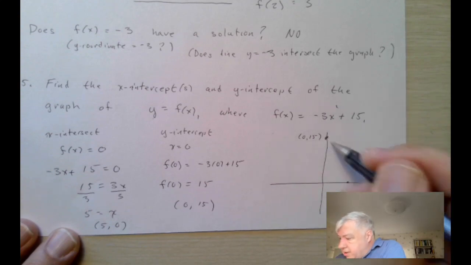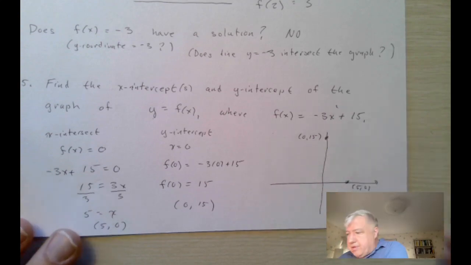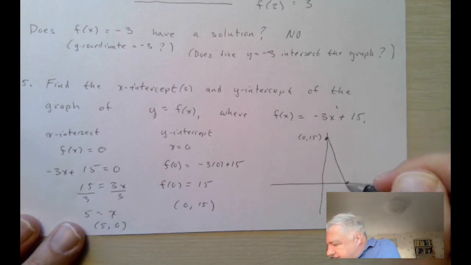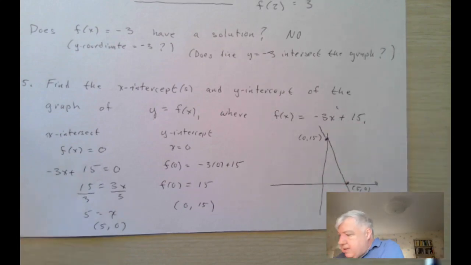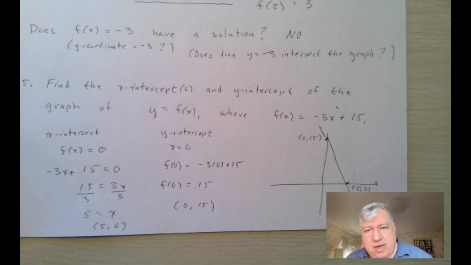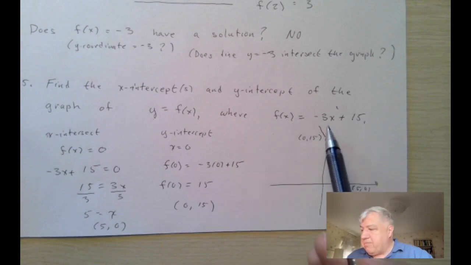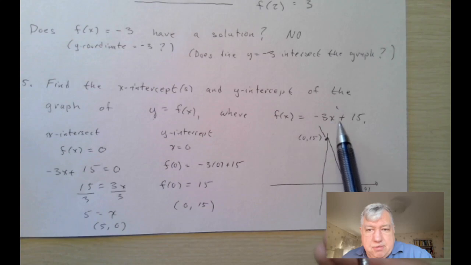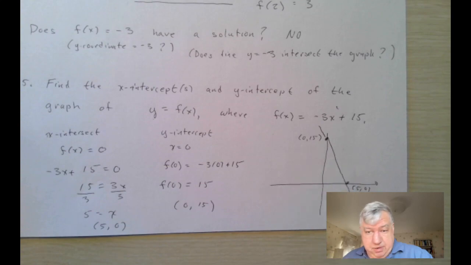We have these two points, and we can just draw the line that connects them. Sure enough, we can see the slope of this line is negative 3, and the y-intercept is 15. If you wanted, you could also plot a few more points by plugging arbitrary values into here for x, like 1, 2, 3, 4, and you get these corresponding points over here.